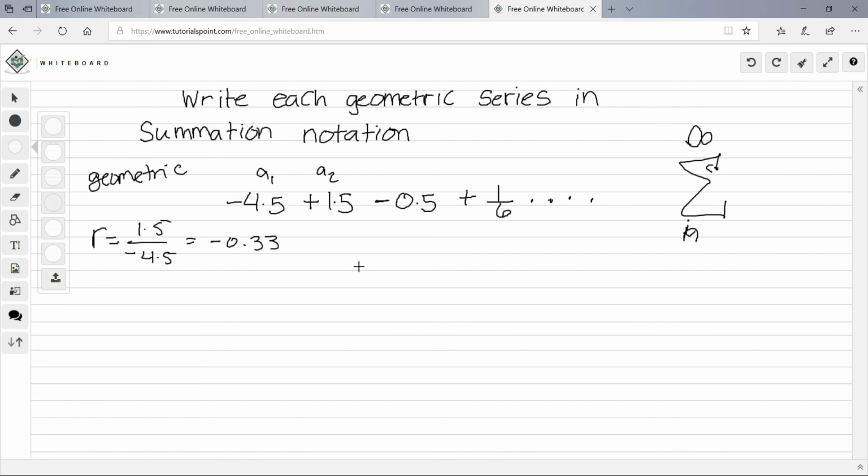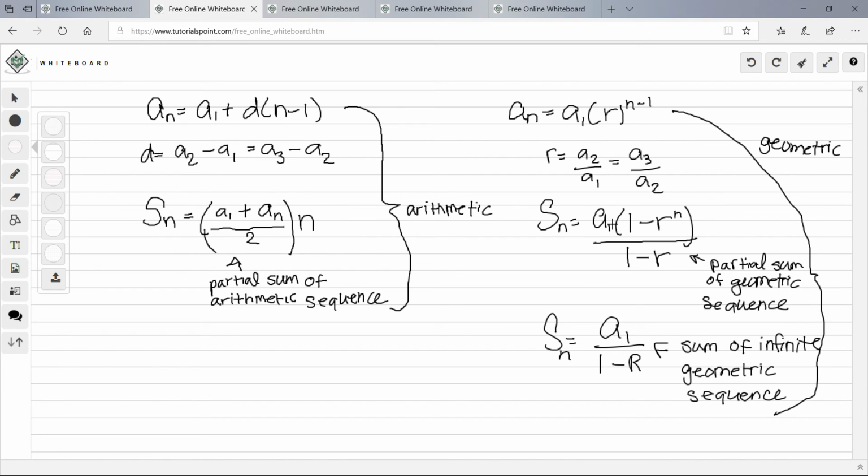The nth formula for the geometric is first term times ratio to the n minus 1, right? That's this formula right here.